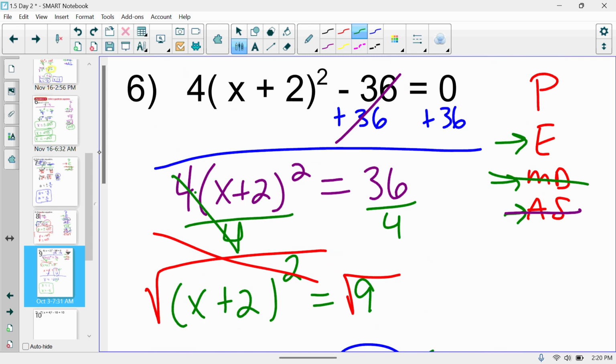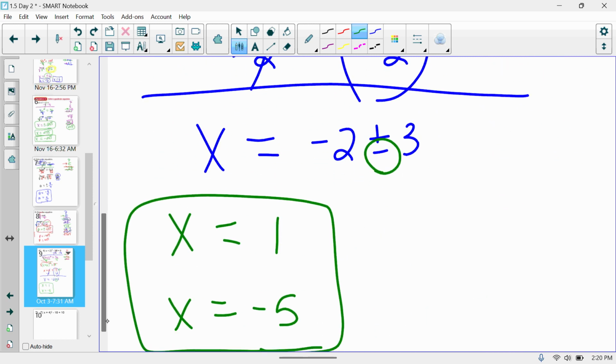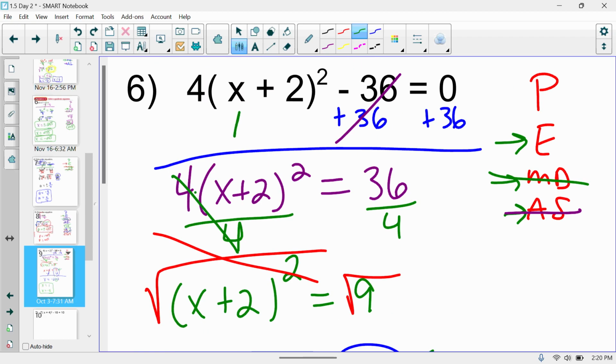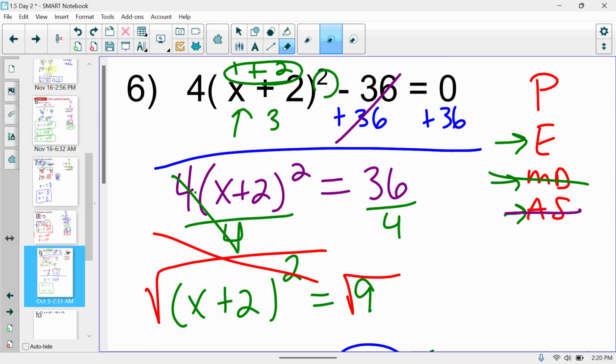So again, guys, I just want to stress checking your answer. Why 1 would work and negative 5. Think about filling in 1. 1 plus 2 is 3, but 3 squared is 9. Whereas if you do negative 5 in place of x here, negative 5 plus 2 is negative 3. But guess what?